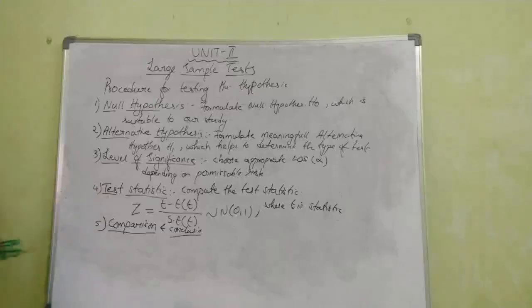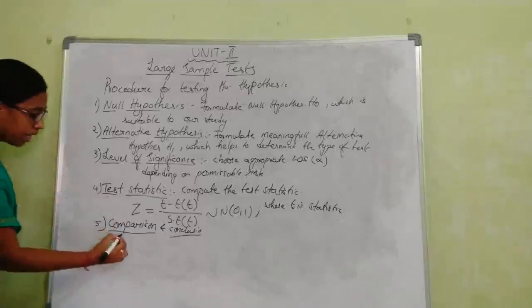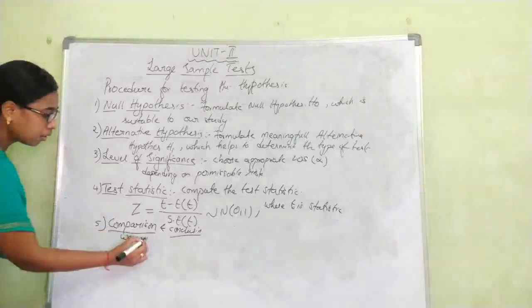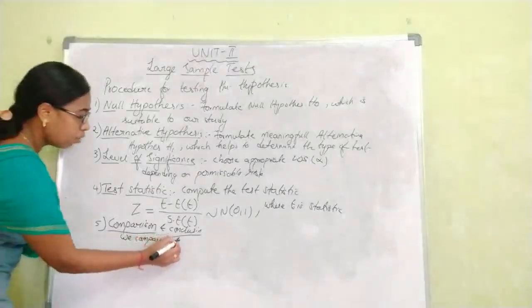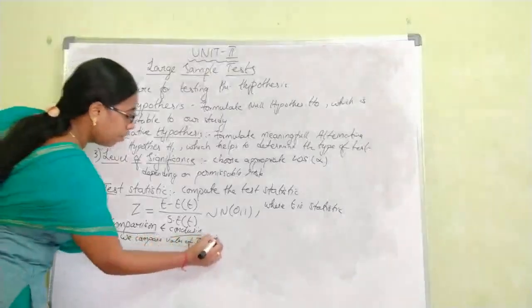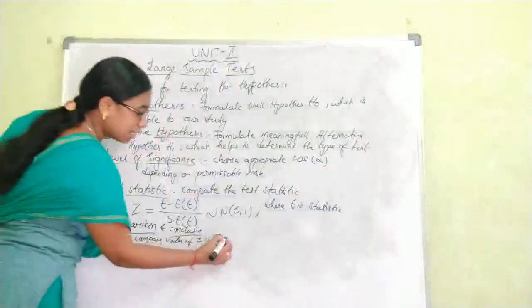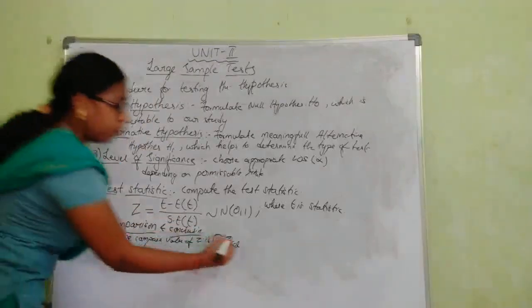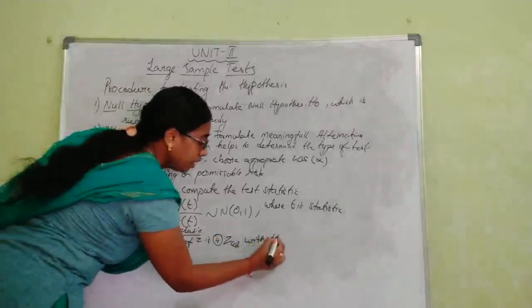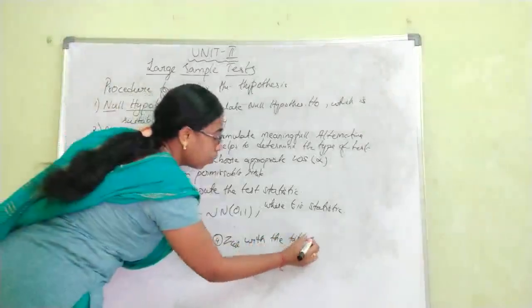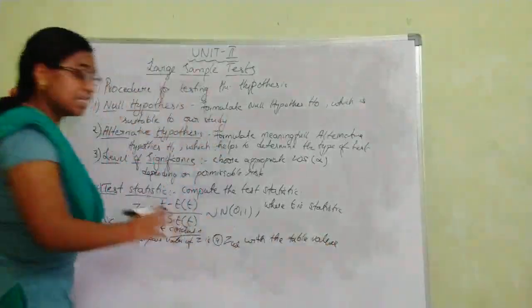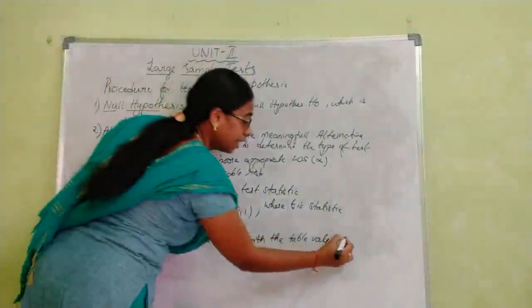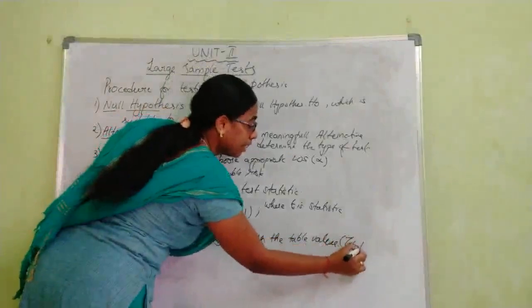In step 4 we got one Z value, which is called the Z calculated value, because we have calculated it. We compare it with the table value, which I am denoting as Z tab.